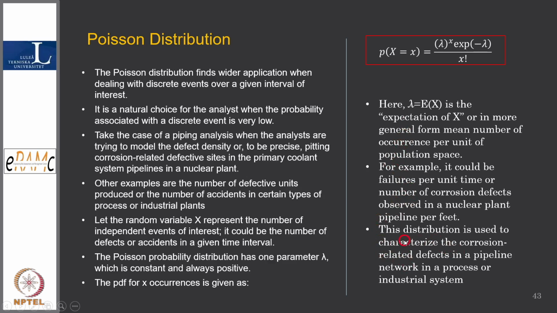This distribution is used to characterize corrosion-related defects in pipelines and networks and all that. So the Poisson distribution has wide application, more in analyzing the health of pipelines and networks of pipelines.